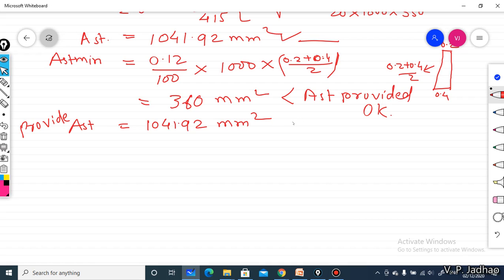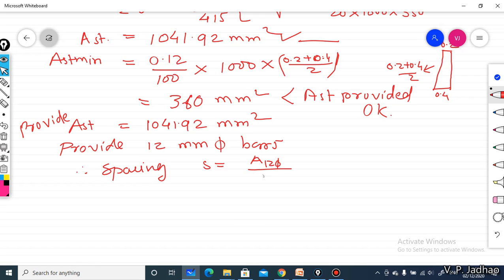Now let us consider we are providing 12 mm diameter steel bars. For 12 mm bars we have to calculate the spacing. So provide 12 mm bars, therefore the spacing S is equal to area of one 12 mm bar divided by Ast provided multiplied by B, we are considering 1000 mm.